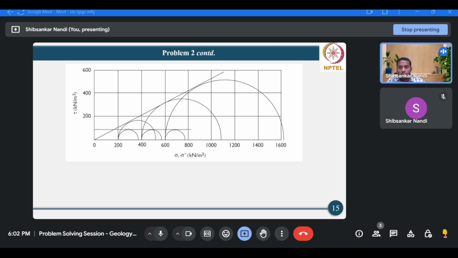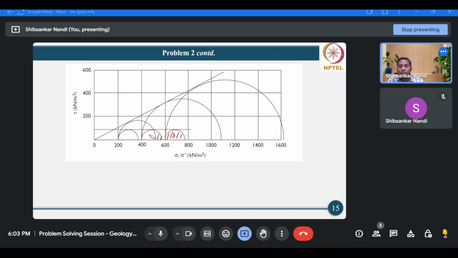This is Mohr circle 1, this 2, and this is 3.